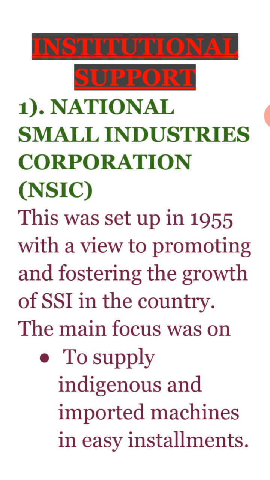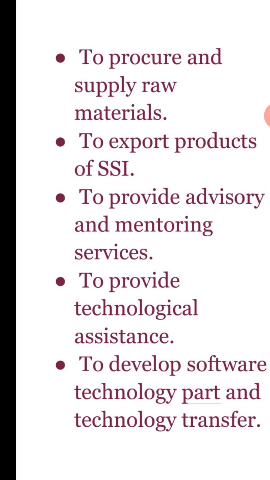And what was the main focus of this institutional support? To supply indigenous and imported machines on easy installments. Obviously, machines are needed, although they are needed in the least amount, but still they are needed. So these machines must be made available either through import or to the particular people on easy installments.